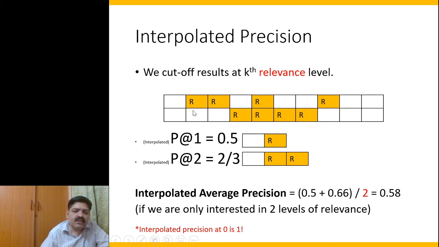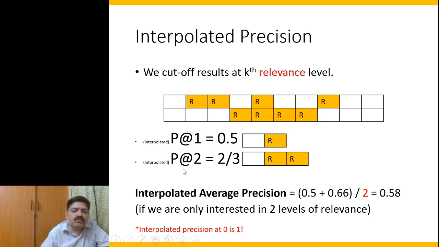The first relevant document appears at the second position. So we cut off at that relevance level, meaning we cut off at the second position, and now we compute the precision. The precision is half. If we are interested in precision at 2, then we look for two relevant documents. The second relevant document appears here. So the precision would be 2 out of 3 till here.